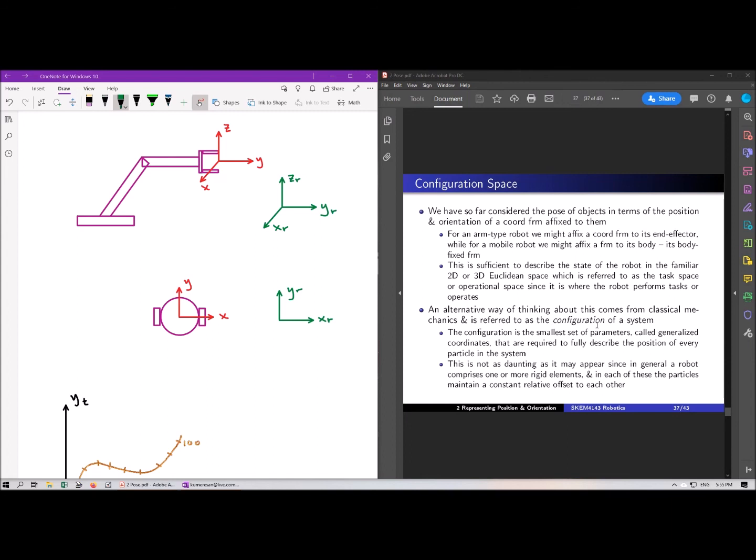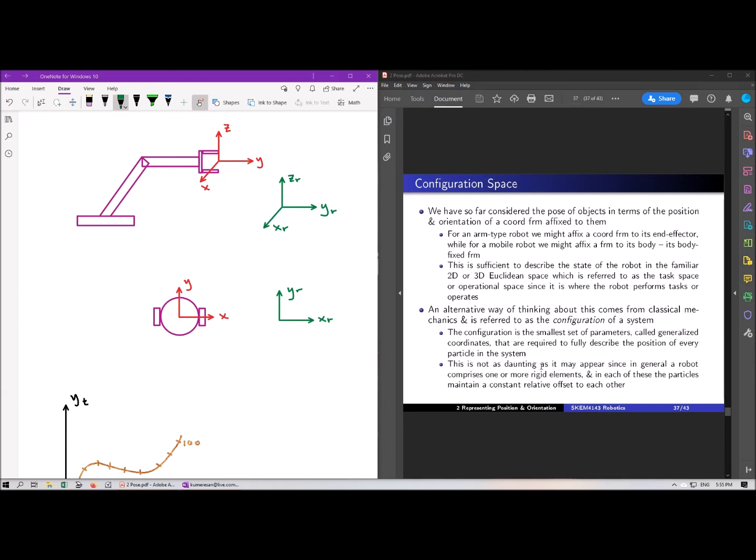So rather than talking about the pose of an object, now we'll be talking about the configuration of a system. Both are referring to the state of our robot. The configuration is the smallest set of parameters called generalized coordinates that are required to fully describe the position of every particle in the system.